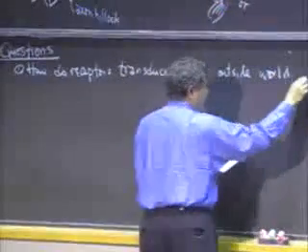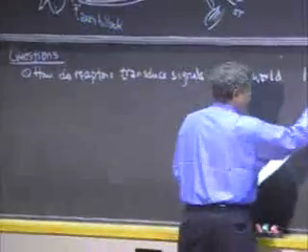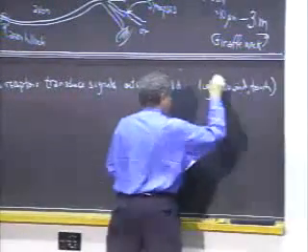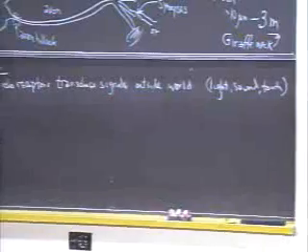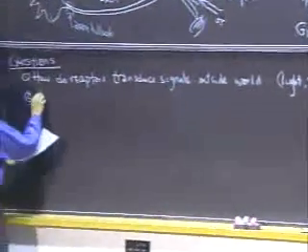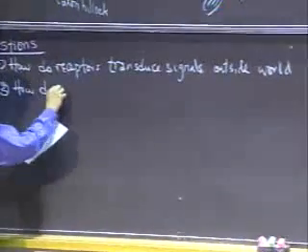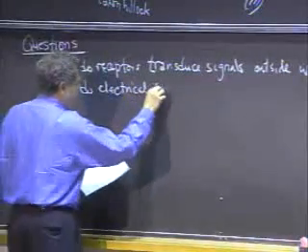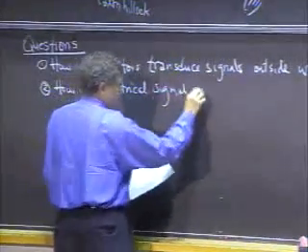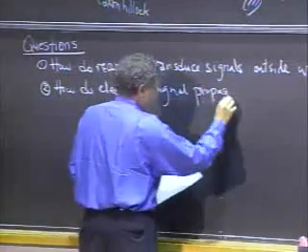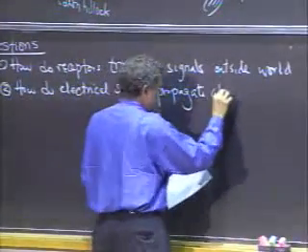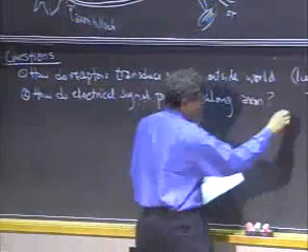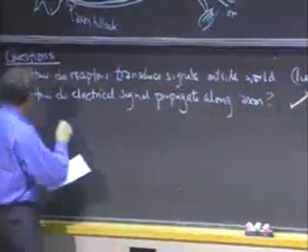Light, sound, touch, etc. That's a good question. People know a lot about it. How do electrical signals propagate along the neuron? Along an axon. People know a lot about that one, and that's what we're going to discuss today.